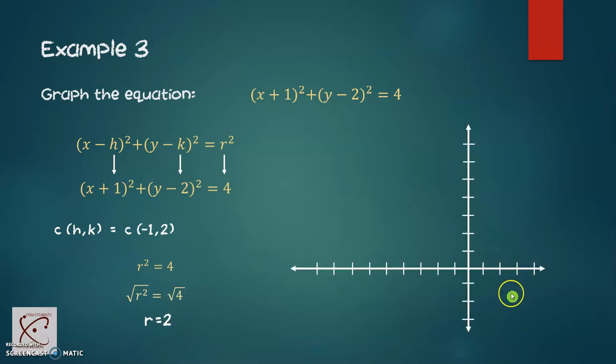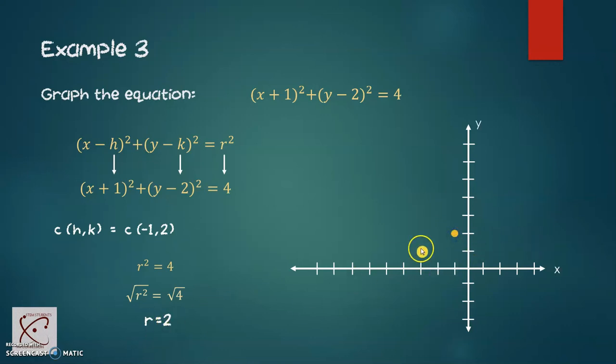Let's draw the Cartesian plane. And then, from our coordinate, our x is negative and our y is positive. So, it is in quadrant 2. So, negative 1 and then 1, 2. So, here is our center.